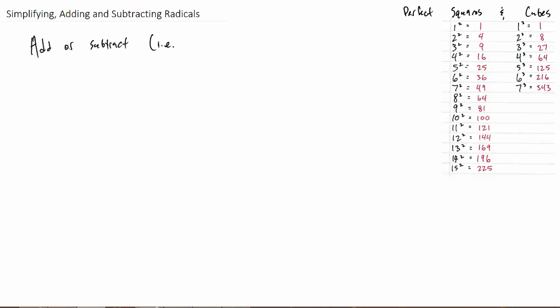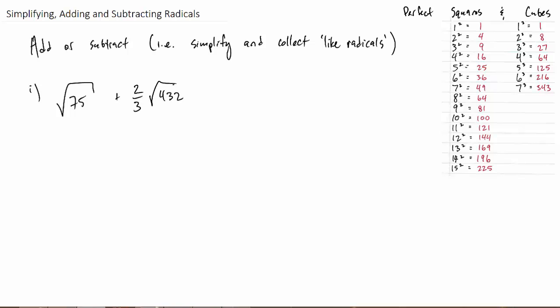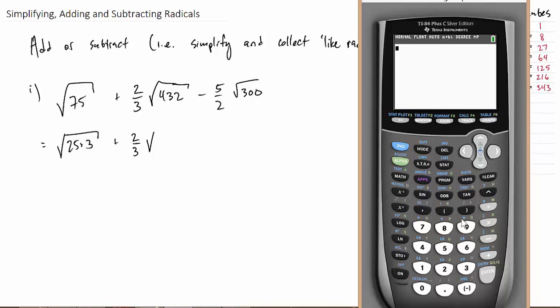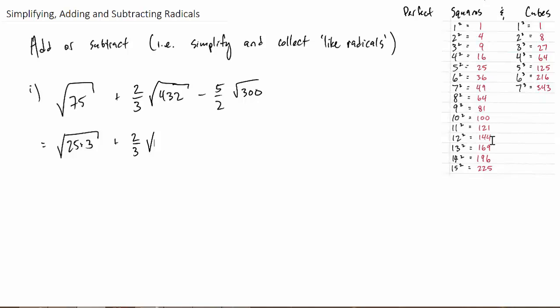Alright, now we're going to switch gears a little bit into adding or subtracting radicals. What this basically means is that you're collecting like terms, but instead of terms we call them like radicals. So at first glance, all of these radicals will look very different, but if we simplify them, we can find that they actually have something in common. So if we break these down, now this one's a little tricky. I'm going to try on my calculator to see if 3 goes into it, because the other one seems to have a root 3 out there.